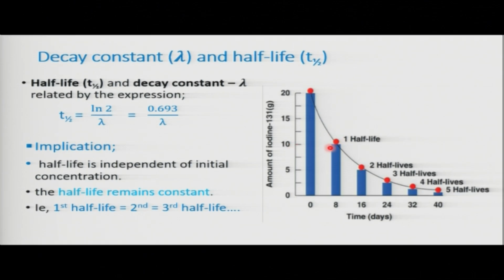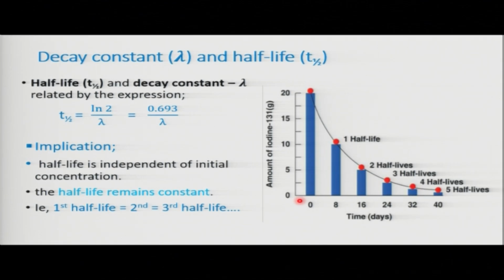Similarly, after another 8 days, the remaining 10 atoms will have reduced to 5. And after another 8 days, the remaining 5 will have reduced to 2.5, and so on and so forth.